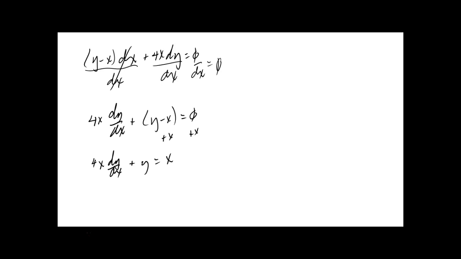Okay? Here's another one. Y double prime minus 2y plus y is equal to 0. Now I have a feeling there's something a little bizarre about that, but it's okay.